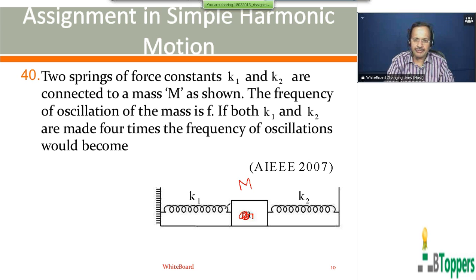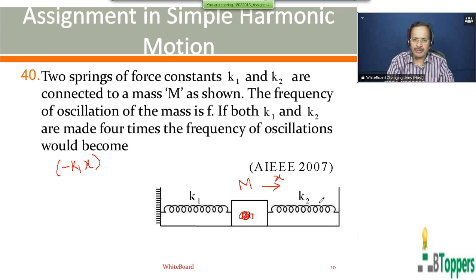in combination of springs, if the mass M is displaced towards right through some distance and released. The instant when the mass is at distance x towards right from the equilibrium position, then the restoring force exerted by first spring will be equal to minus k1 x, directed towards left.